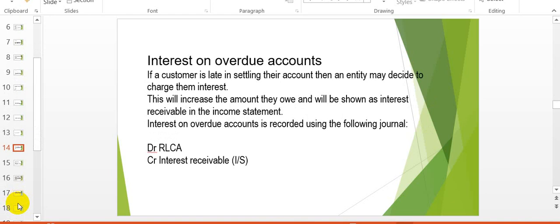There will be times again when a customer has taken too long to settle their invoice, and if there is a condition that when the accounts are overdue for a certain period, you charge interest on that customer, then that interest which you charge the customer, before the customer settles that interest, you will debit the receivable ledger control account and you credit interest receivable.